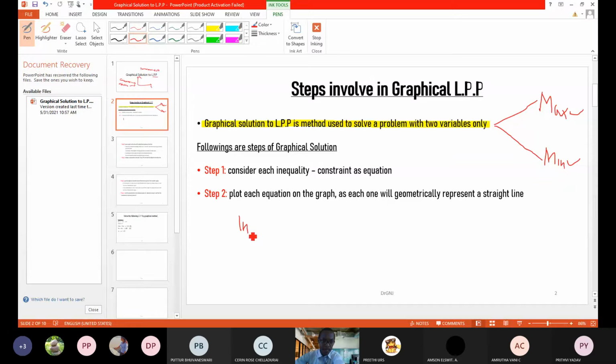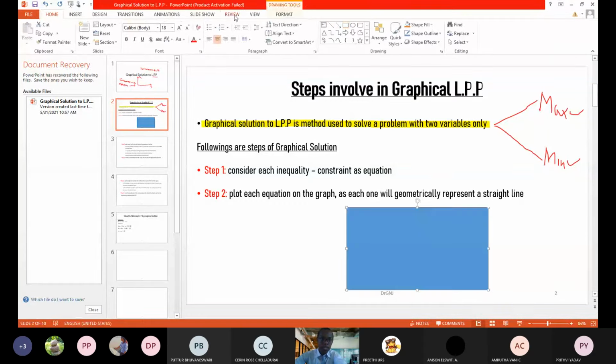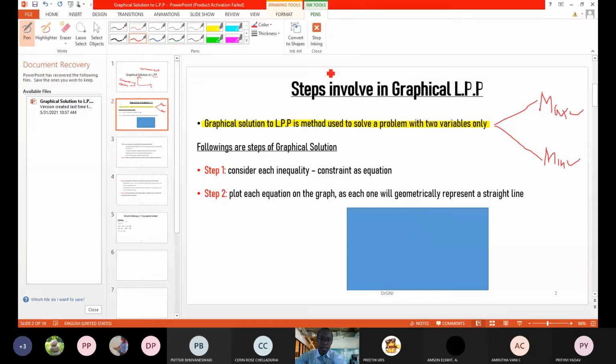When we say inequality, we mean a quantity with different values.